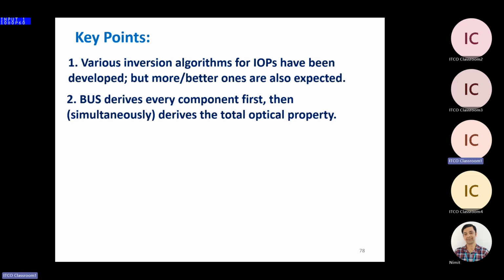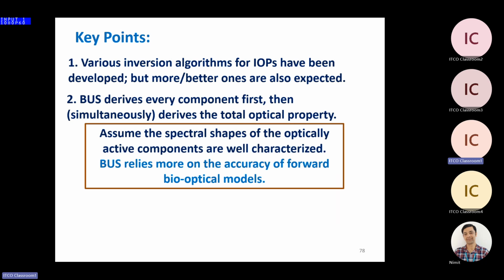Like when you get aph and adg, certainly you get a total a, in one action getting all the components. But still, in that process, you have to specify each component in the modeling. As I mentioned, the aph shape and adg shape will impact your results, so it really highly depends on the bio-optical models.